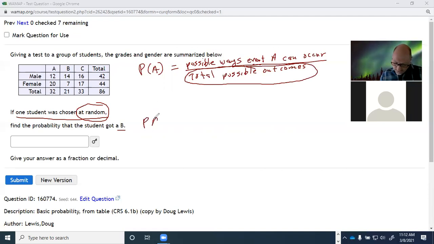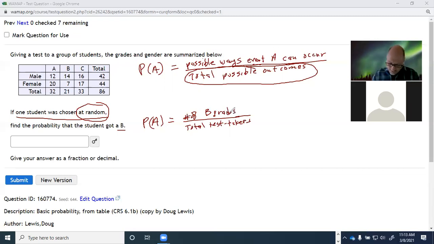Probability of A is equal to the number of B grades over the total test takers in this case.